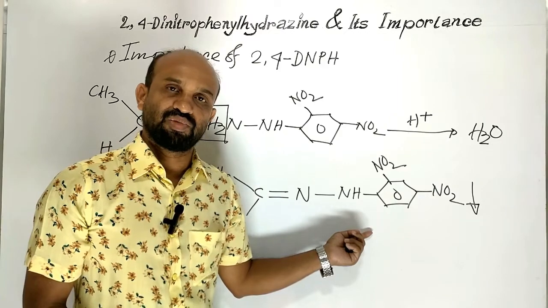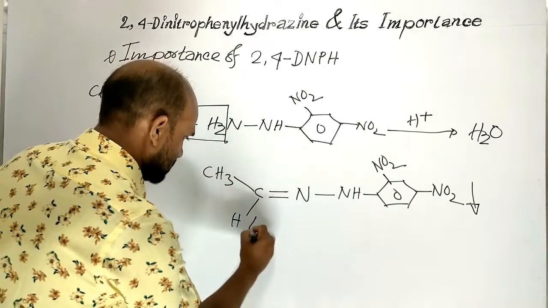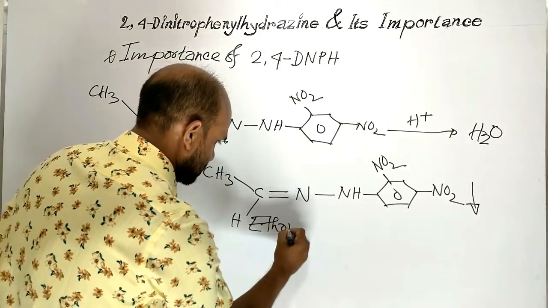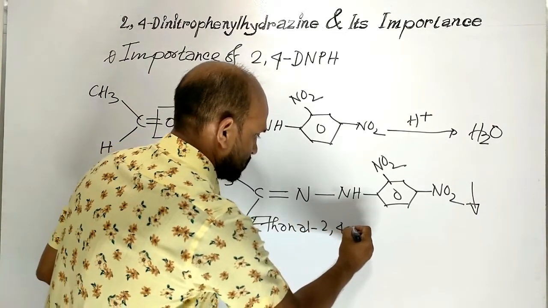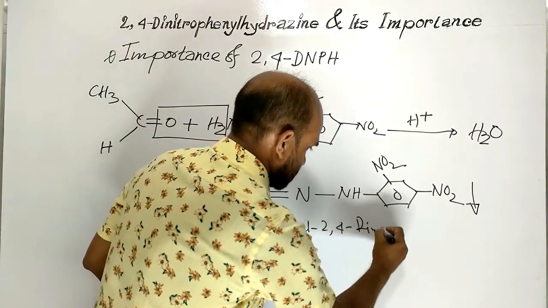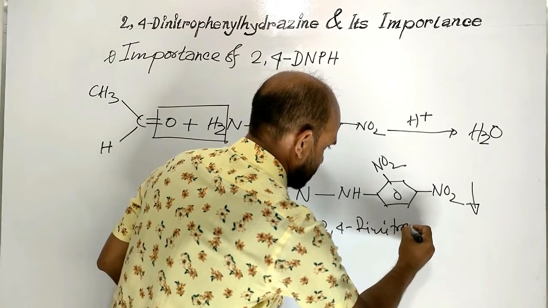Let's write the name of this compound, that is ethanal 2,4-dinitrophenylhydrazone.